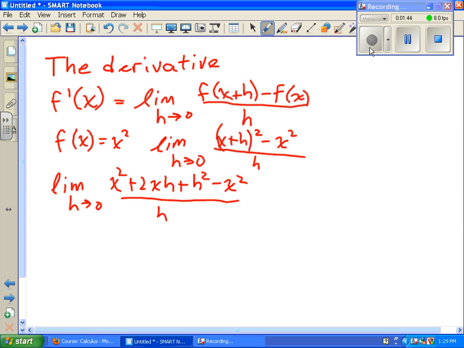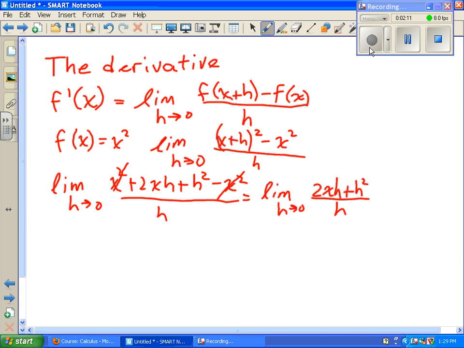So the x squareds cancel, x squared minus x squared, and we get the limit as h goes to 0 of 2xh plus h squared over h.